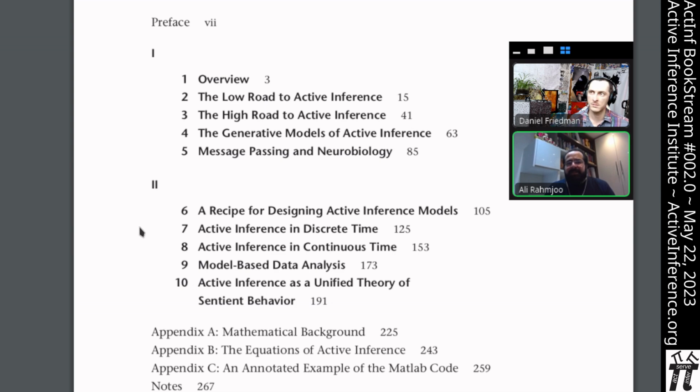So that's basically the main justification behind dividing up these chapters into two.